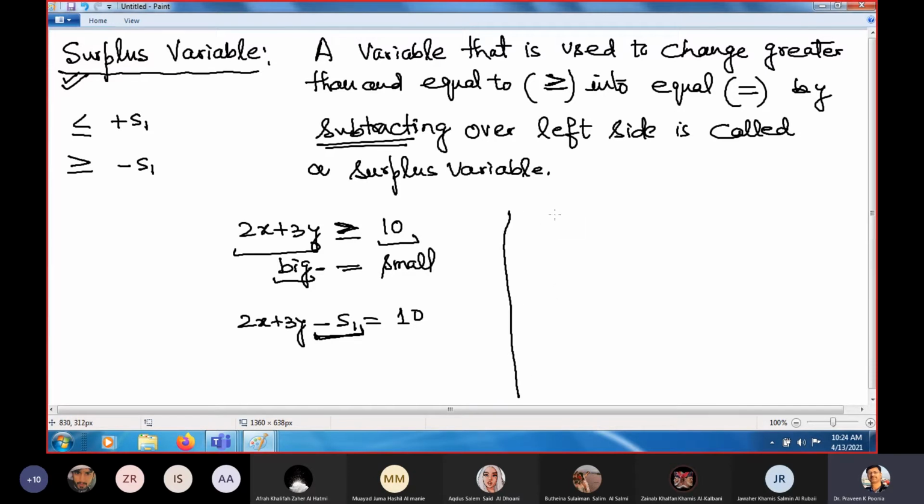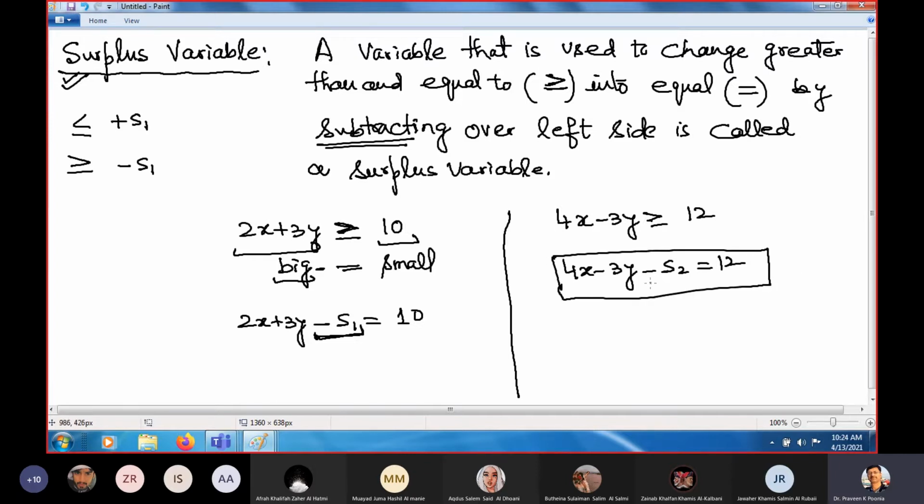Okay. Now, let us take another example, greater than 12. So it is 4x minus 3y minus s2 equal to 12. Because here is a greater than sign, so we are making it minus s2.